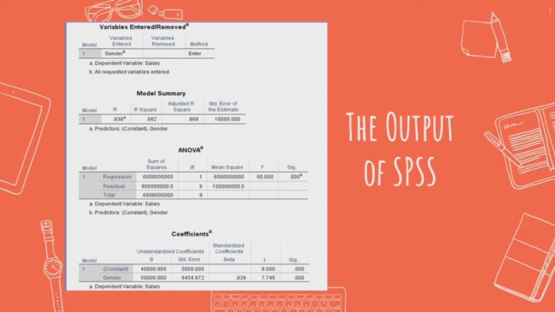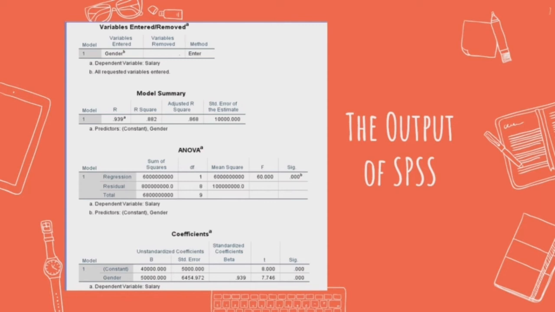And here is the output of SPSS from the previous tutorial video. First is the variables entered or removed. Model number 1, the variable entered is gender, the variables removed is 0, and the method is enter. A, the dependent variable is salary, and B, all requested variables entered. Then the model summary.